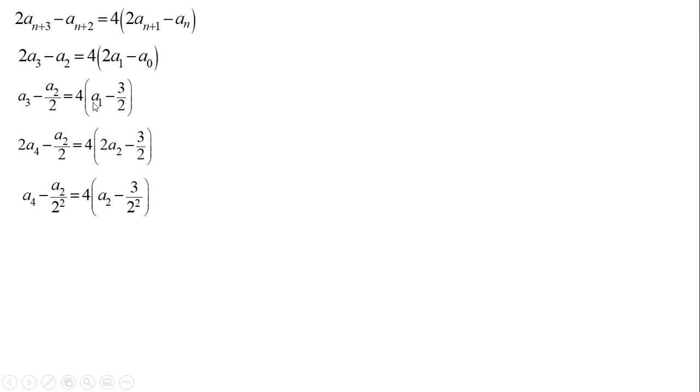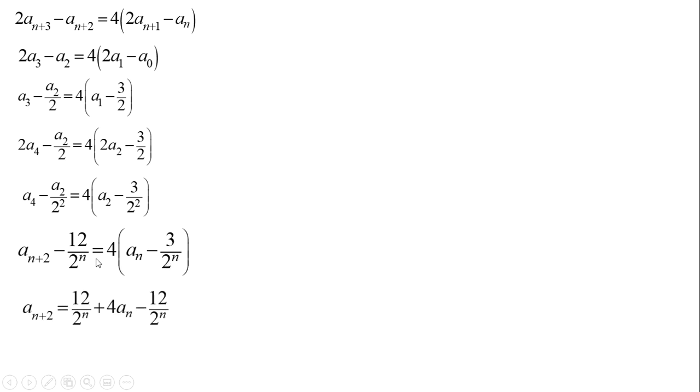So we will continue this pattern till we reach a_n and 2 power n. So (a_{n+2} - 12), where 12 is a2 because it is not changing, divided by 2 power n, equals 4 times (a_n - 3) divided by 2 power n.